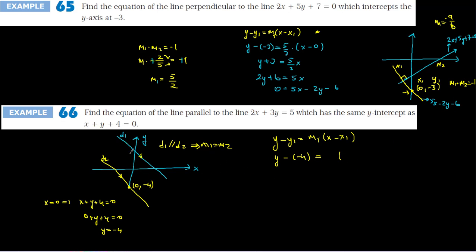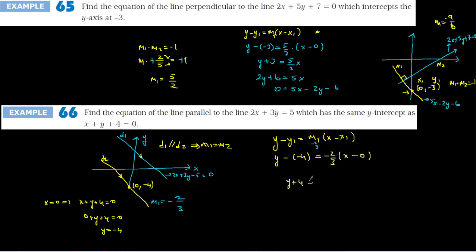If the equation of this line here, the blue one, is 2x plus 3y minus 5 equal to 0, then the slope m1 should be equal to minus 2 over 3. Which means I'm going to replace it by minus 2 over 3 here, times x minus 0.